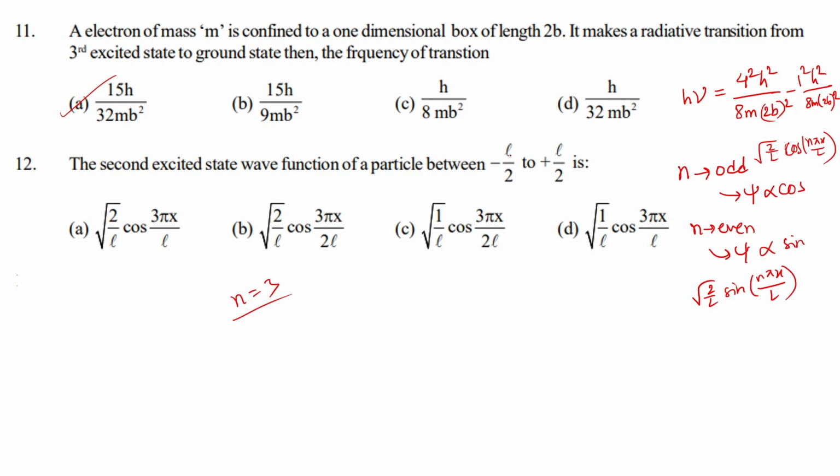Here it is minus L by 2 to plus L by 2, again the total length is L, same as 0 to L, right? So it would be root over 2 by L cos 3 pi x by L. So 12A is the correct answer.